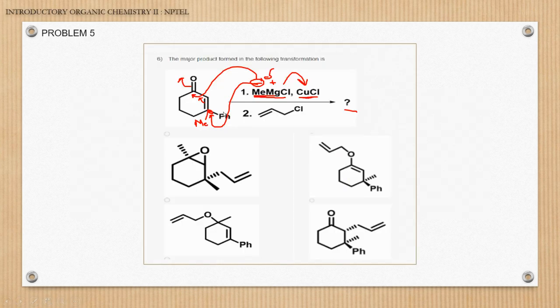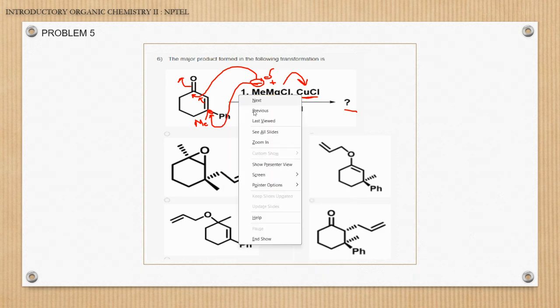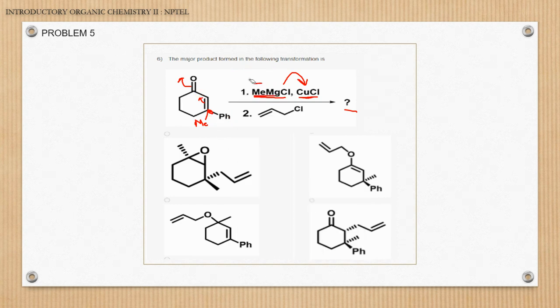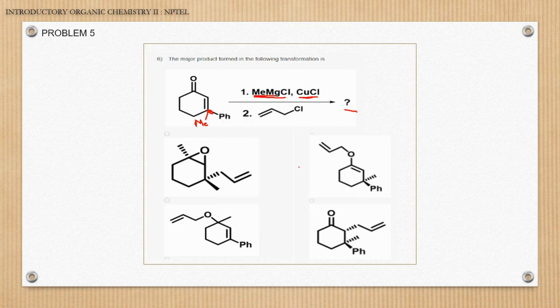So now what will happen? Here also you will get the oxyanion generation, and after the generation of oxyanion at this position, the negative charge will come down, and the double bond which has now migrated to this position after the attack of methyl will transfer to this position, making it a nucleophilic position.